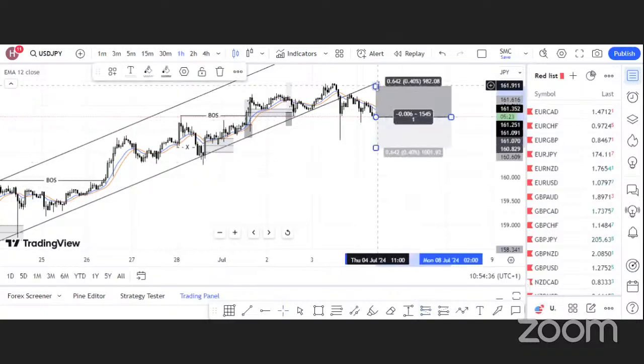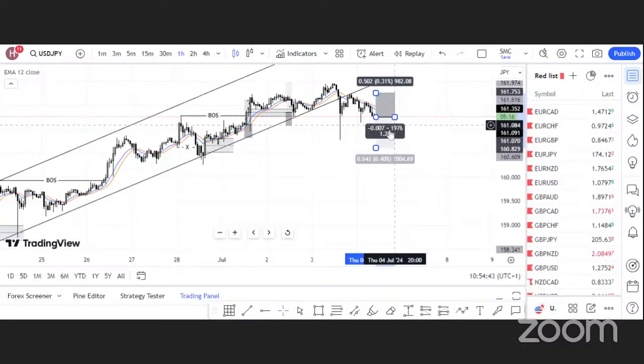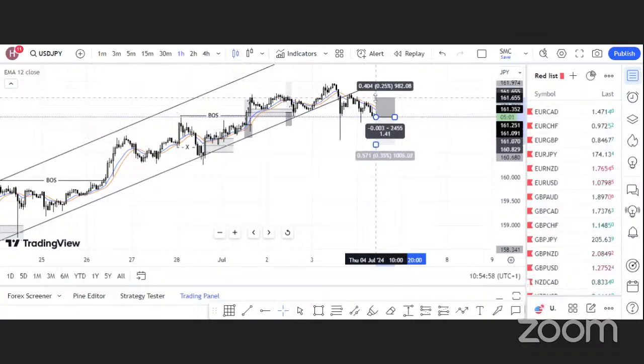So I think the market is going to continue to go down, and we can use this level as our take profit. Okay, I don't want to go down too much because we have a fair value up there. So I'm just going to stay within this range.